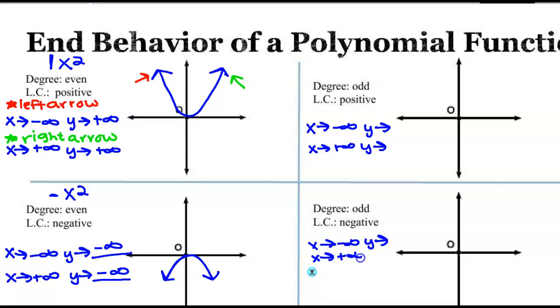So what I'm going to do is use my cubic, for example. My positive cubic, my parent function, goes like this. Notice it goes up from left to right. I could say my left arrow is going down and my right arrow is going up. I'm going to pause here.